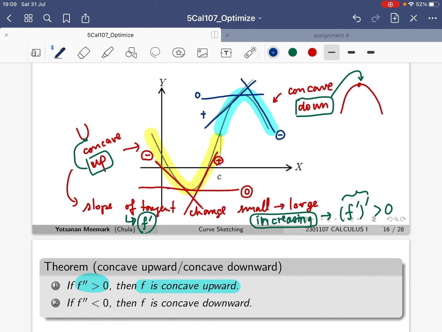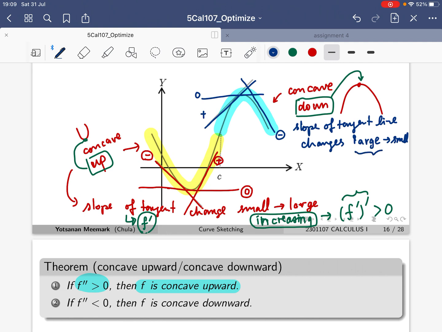So it means that the slope of the tangent line over this interval changes from what? From large, because it goes from positive to negative, to small.